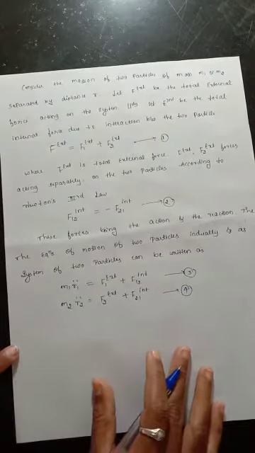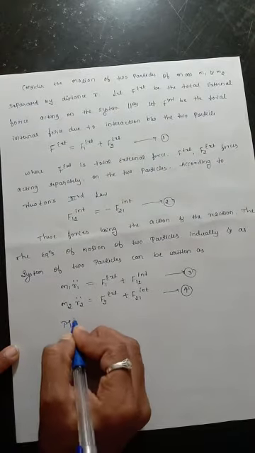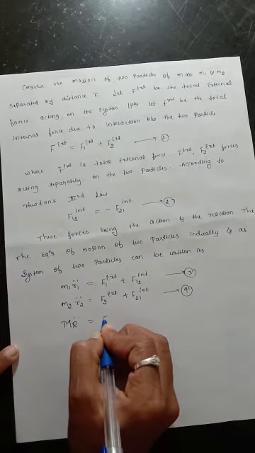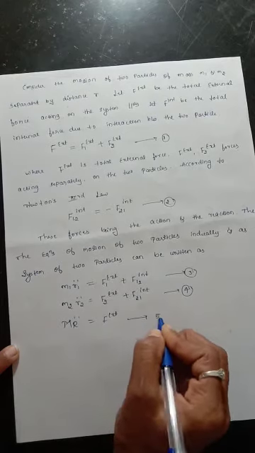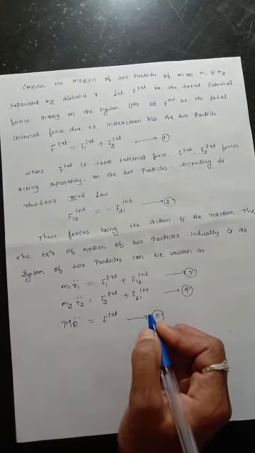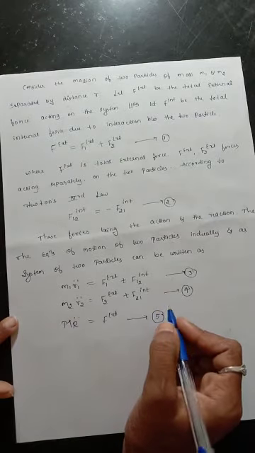Next, M R double dot equals F external. This is expression number 5. Here F1 external is the force exerted by the particle of mass m2.